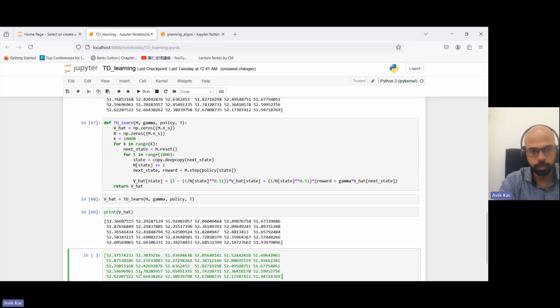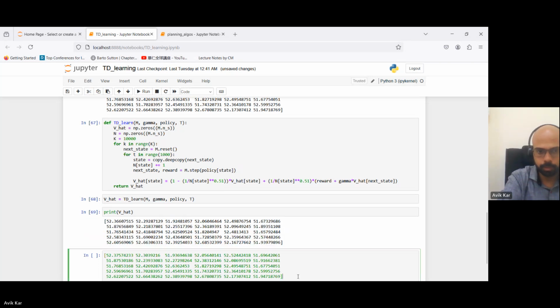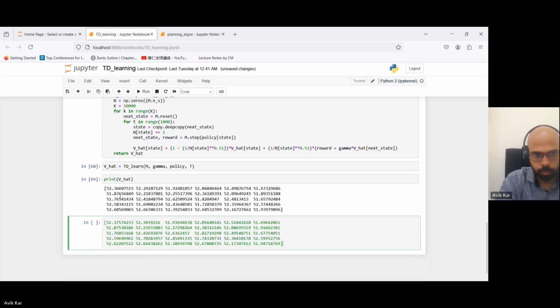Let me copy here. The only difference comes after one decimal place. So that's quite close.